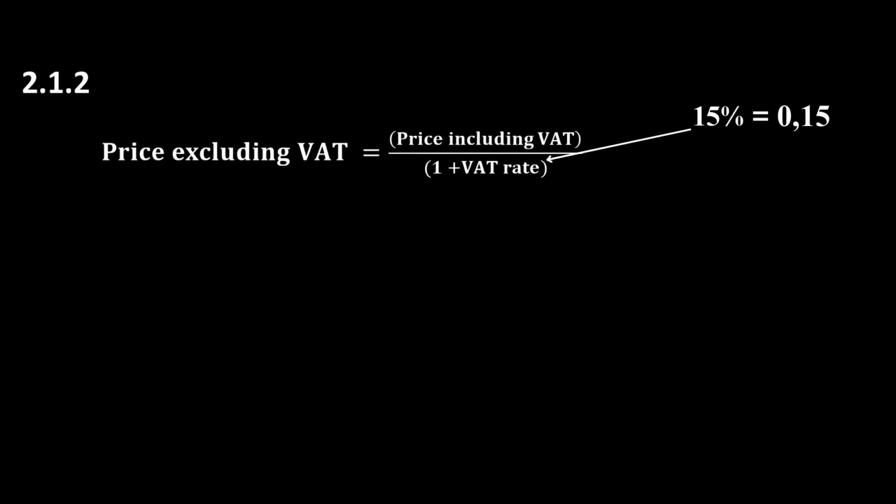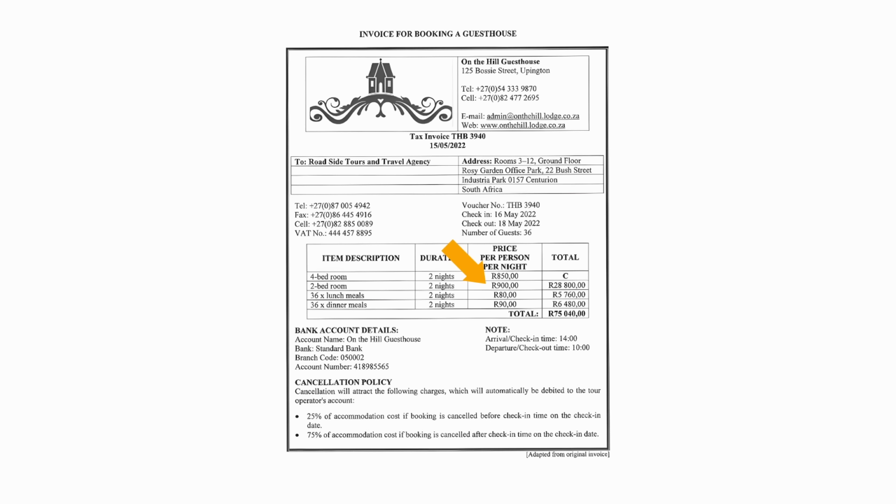In this case, the VAT rate is 15%, which we can express as a decimal for the calculation, making it 0.15. Given that the price including VAT, 900 Rand, is the result of adding 15% VAT to the original price, we can rearrange the formula to find the original price before VAT was added.